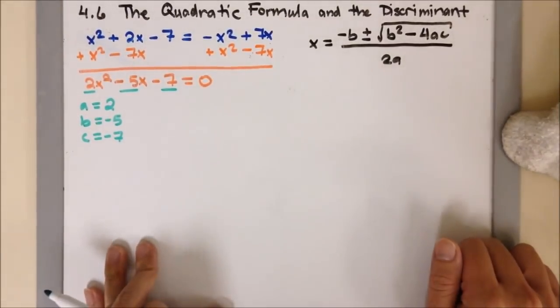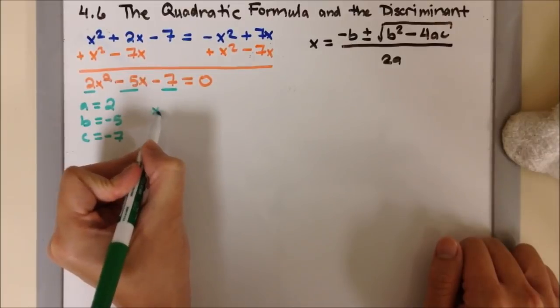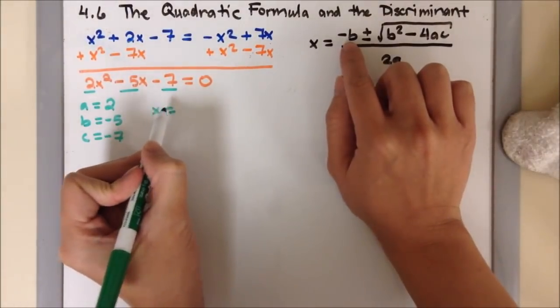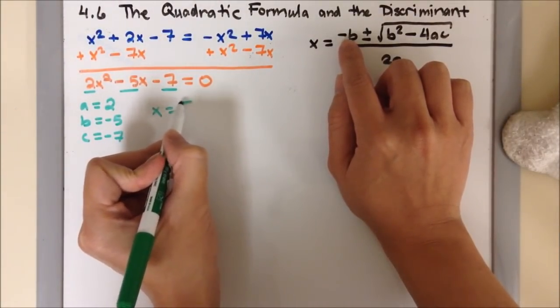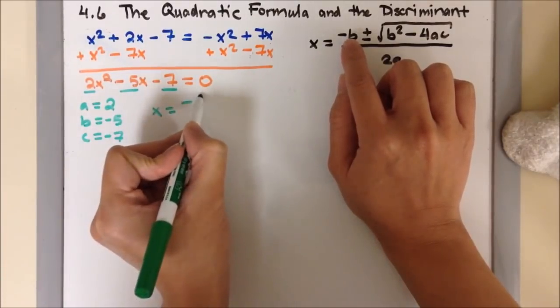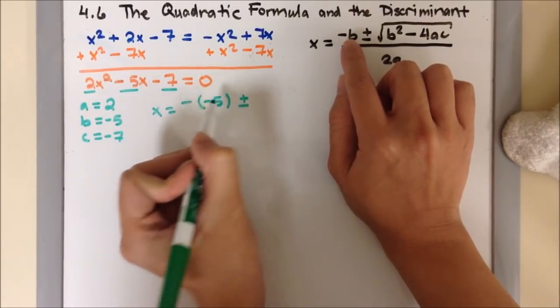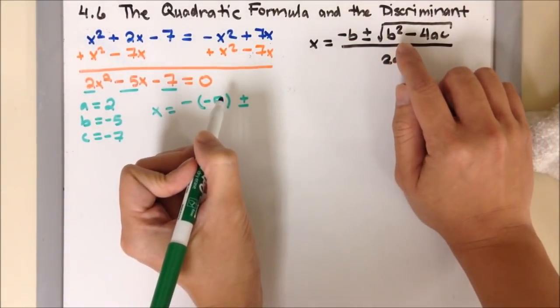Alright, so what we do is plug in ABC into the quadratic formula. So x equals, so don't forget your negative from the formula, and then my B. So be extra careful because my B is negative. So parenthesis, negative 5, close parenthesis, plus and minus, my B squared.